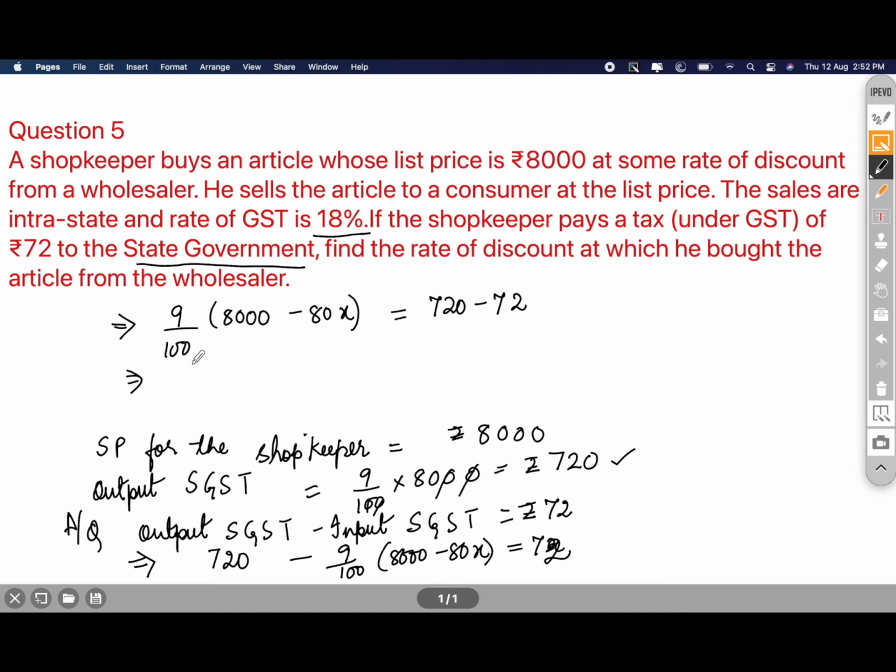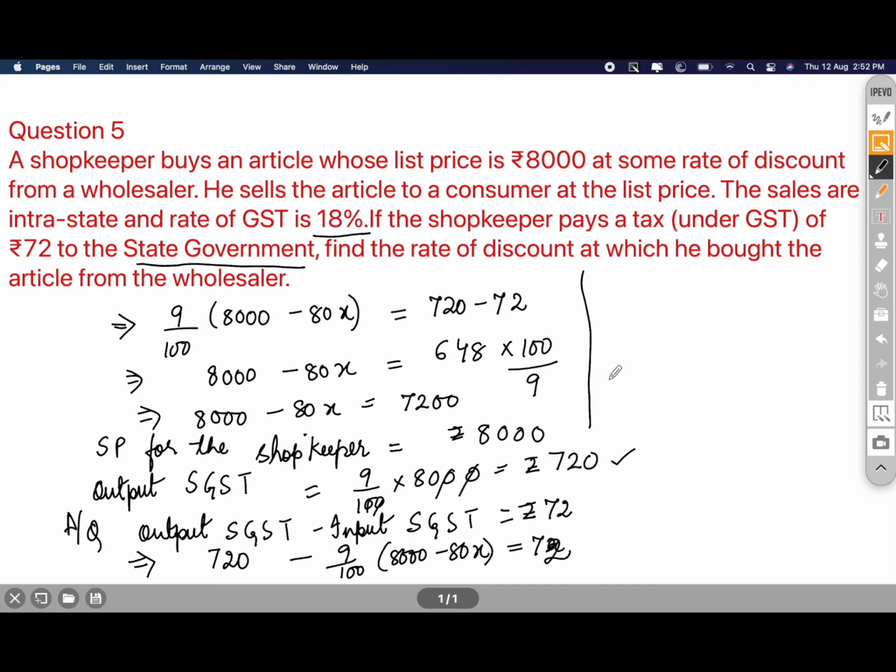When we open the bracket, or we cross multiply rather, we will have 648 into 100 by 9. Right. So simplification of this will give 7200. I am writing on this part now.